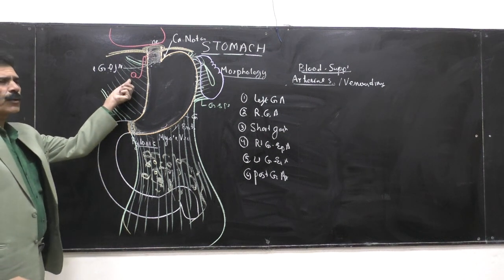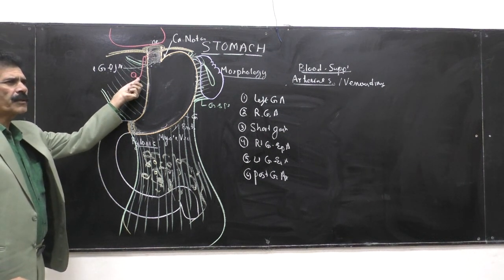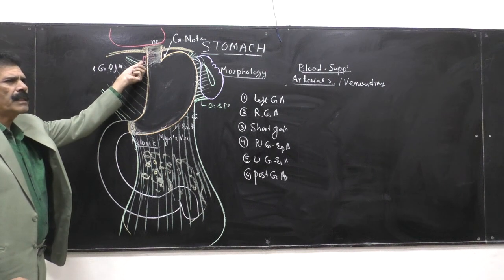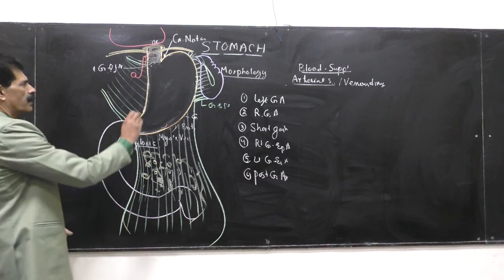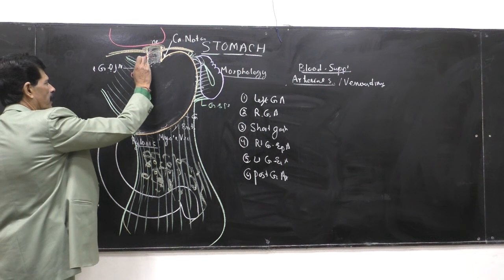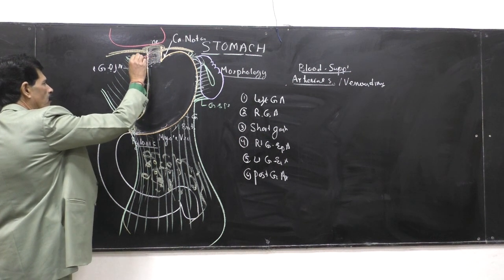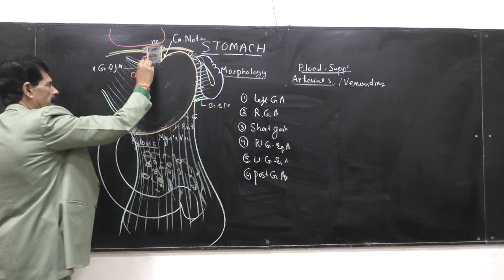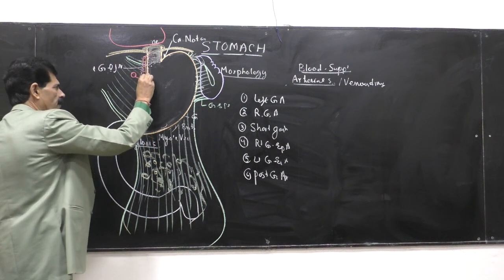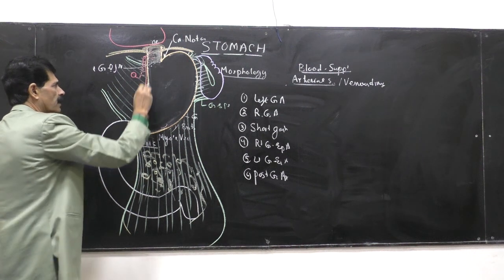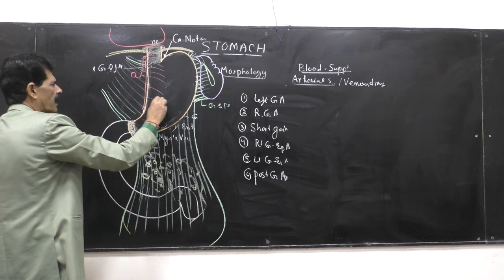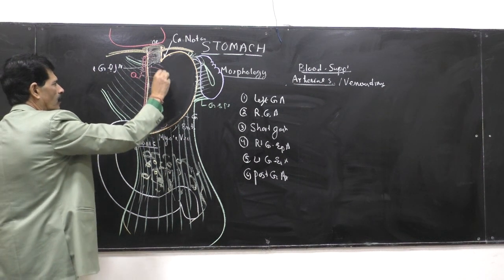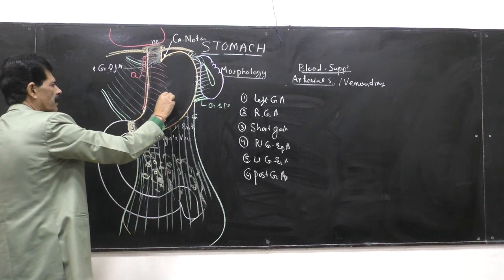The celiac trunk is retroperitoneal, so the left gastric artery is also retroperitoneal, but at the left attached border of the lesser omentum, this artery comes from behind the retroperitoneum, and then it enters the number 2 and number 1 layers of the lesser omentum, and descends near the lesser curvature, and it gives branches which supply mostly the body of the stomach near the lesser curvature.